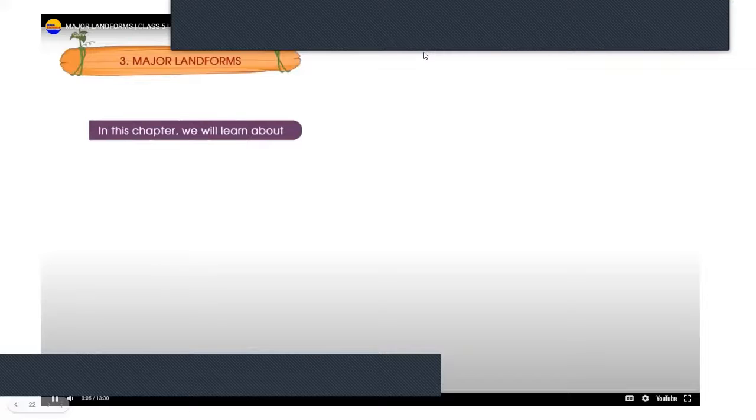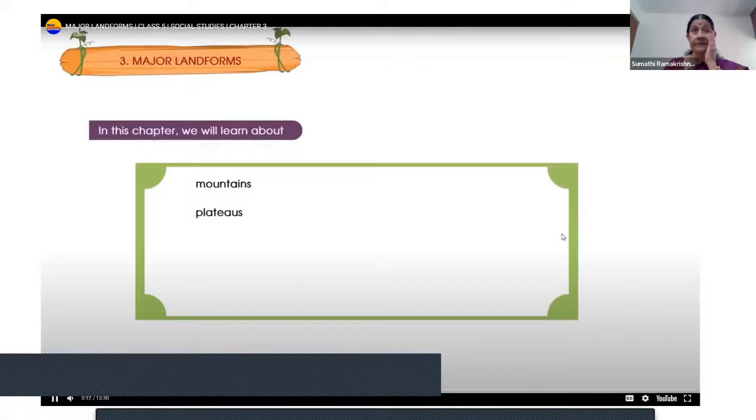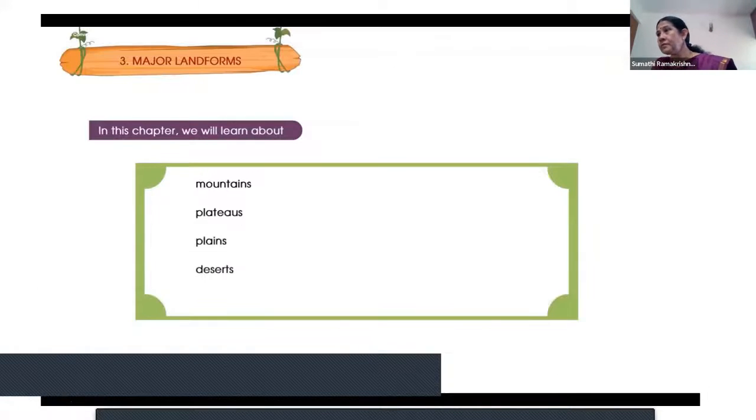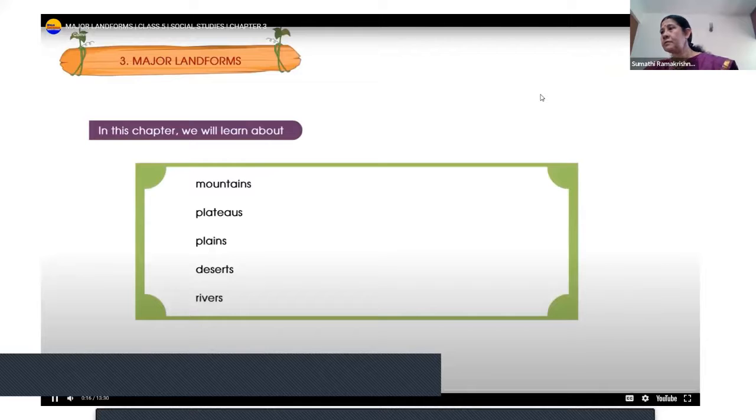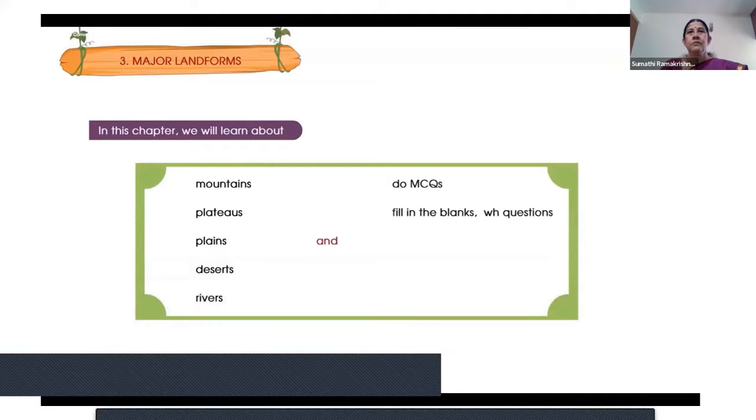In this chapter, we will learn about mountains, plateaus, plains, deserts, rivers, and do MCQs, fill in the blanks, WH questions, do map work, do activity, hone our life skills.